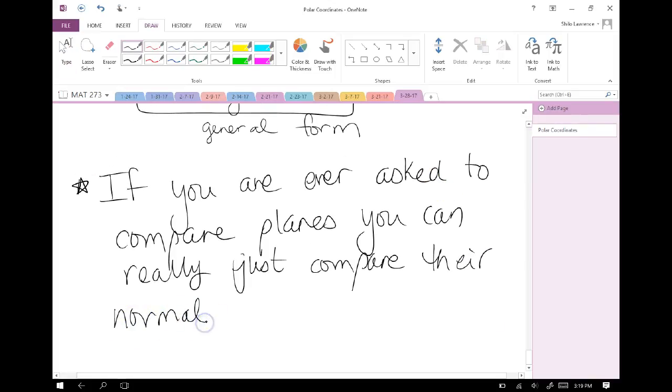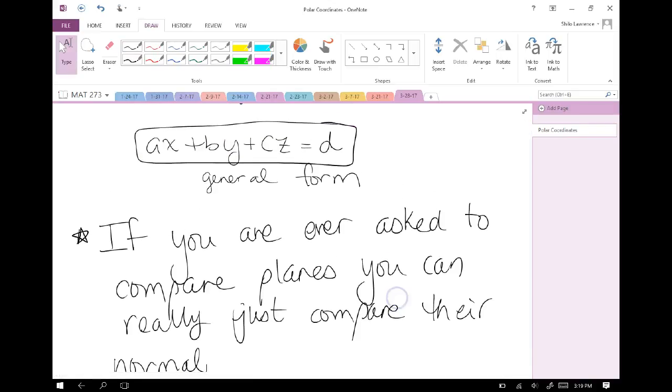Even if you're just given the general form for the planes, remember you can get the normal vectors from the coefficients.